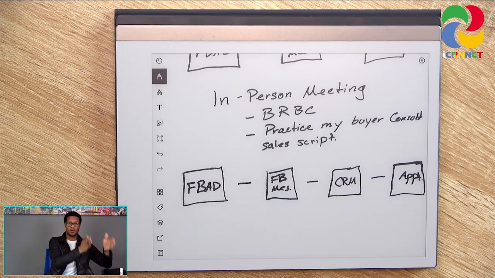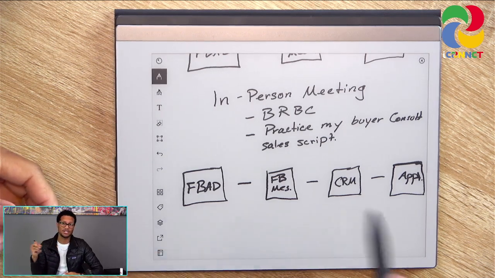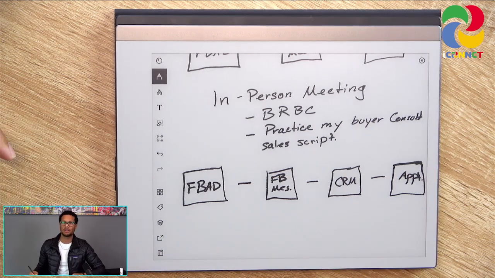Because you can literally do this all throughout the entire funnel. We're just talking about marketing and sales, but then there's a customer service aspect of this as well, where as soon as you got that buyer BRBC signed, what's the next step? We'll have to show property. Well, what do I need to do that? I need to make sure that my car is filled up with gas. I need to make sure that I have the list of properties that they want to go out and see.